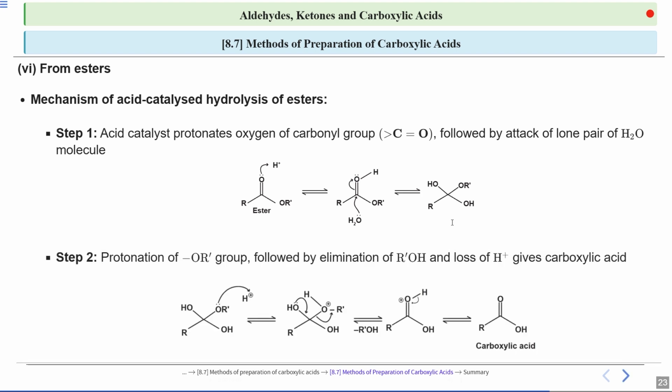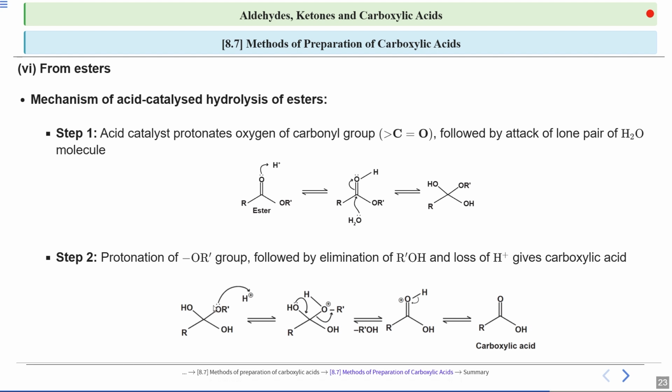Now, the next step is that the OR dash group of the ester gets protonated. Why are we protonating it? This makes it a better leaving group, so it will leave as ROH, which is an alcohol. After this, the molecule loses a proton, resulting in the formation of carboxylic acid.